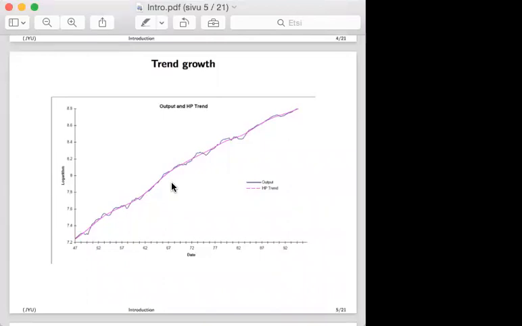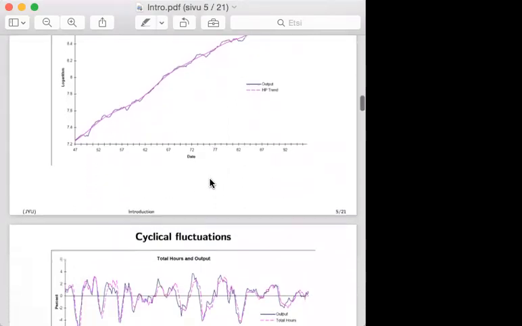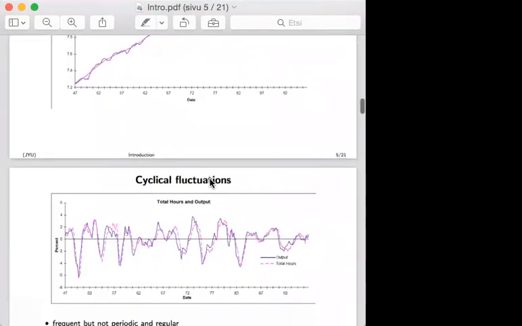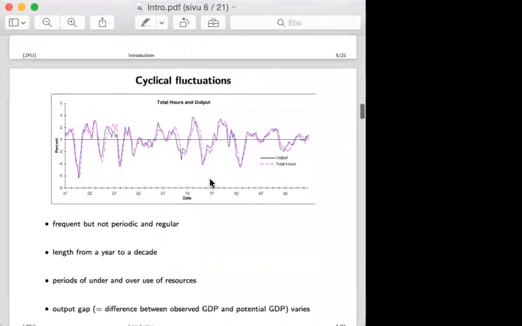Wouldn't it be much better for us all if there weren't any cyclical fluctuations, but just a stable growth rate? But there are a lot of cyclical fluctuations. They are a frequent phenomenon of market economies. They are not regular, but they are frequent, occurring every now and then, lasting from a year to a decade.